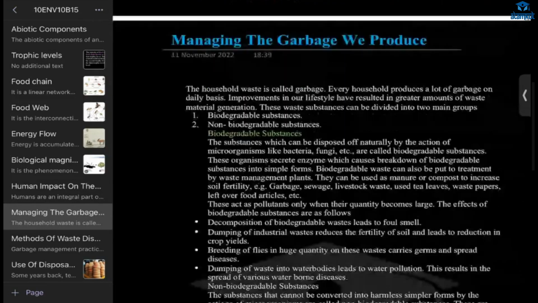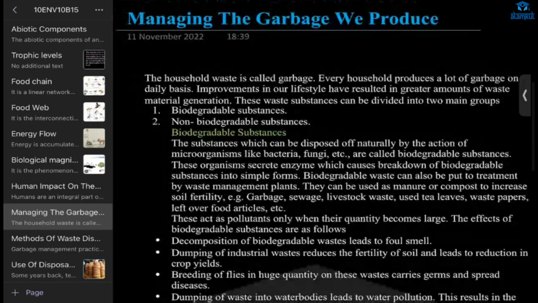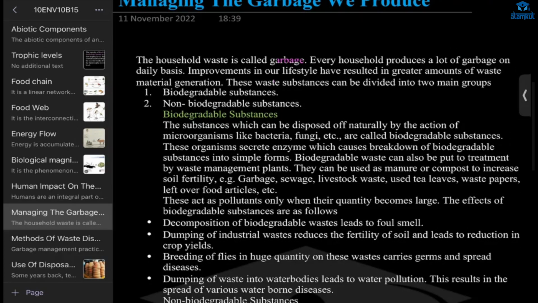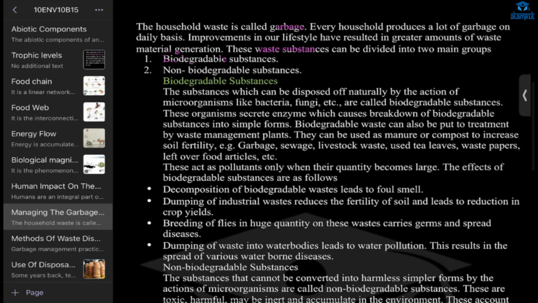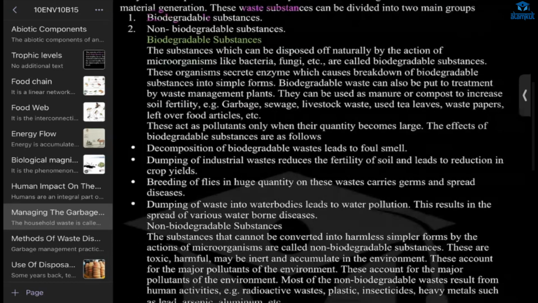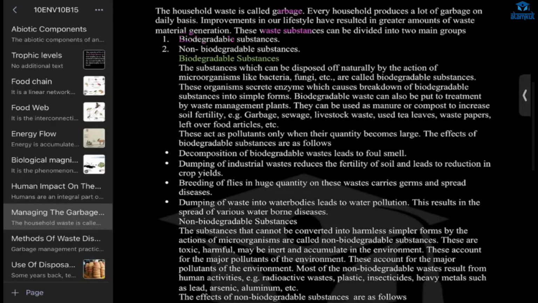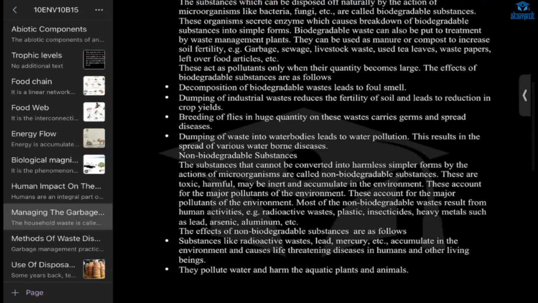Next, we have managing the garbage we produce. Household waste is called garbage. Waste substances can be divided into two types: biodegradable and non-biodegradable. Biodegradable garbage can be degraded by bacteria, fungi, and other microorganisms.